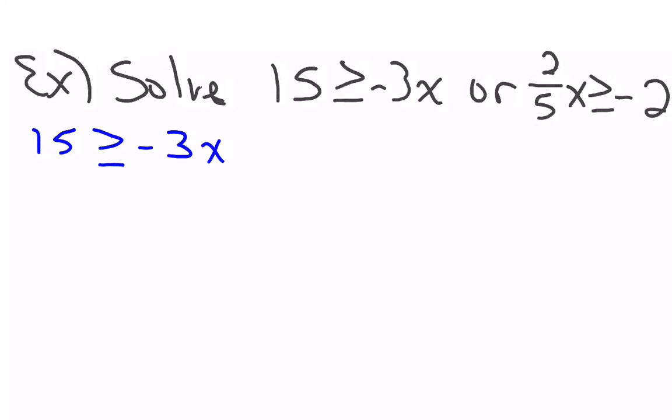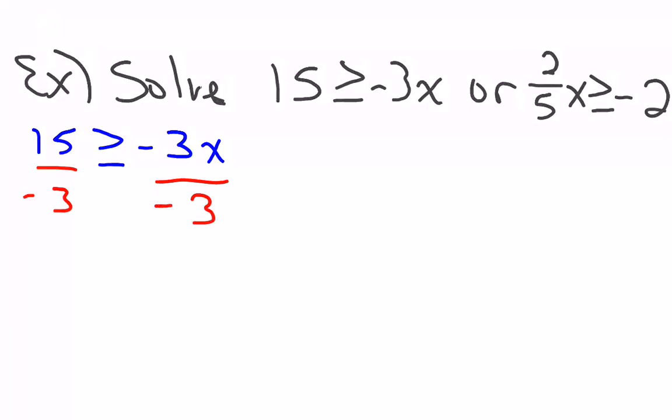Our solving is pretty much the same as equations. So we still need to get x by itself. We still do the opposite of what's there. There's only one key difference when we solve inequalities, and that's if we multiply or divide by a negative number, then we have to flip the sign. In this case, we need to get x by itself, negative 3 times x, so we're going to divide by a negative 3.